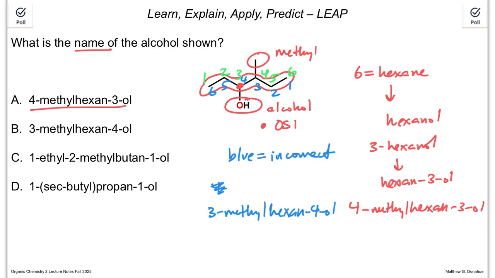So of those rules, the highest oxidation state becomes the parent. Then on the chain, it has to get the lowest number. These other ones, so that choice B would be that blue answer. These other ones are incorrect because they have not identified the longest carbon chain.